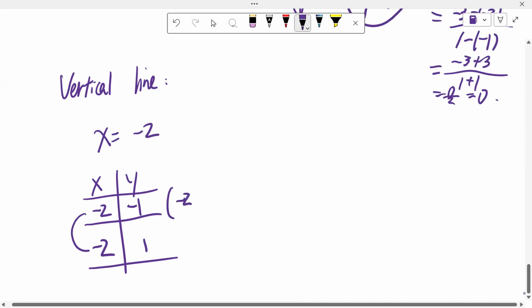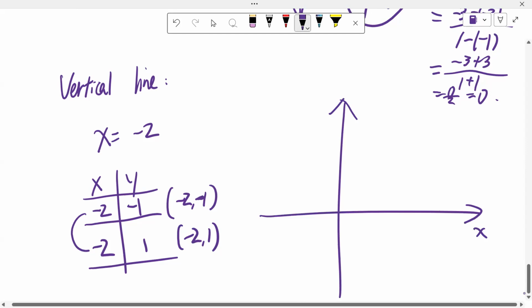So you get 2 ordered pairs. Sketch the graph: this is -2, -1, the first point, and (-2, 1), the second point. When you connect them, you get the vertical line, x equal to -2.